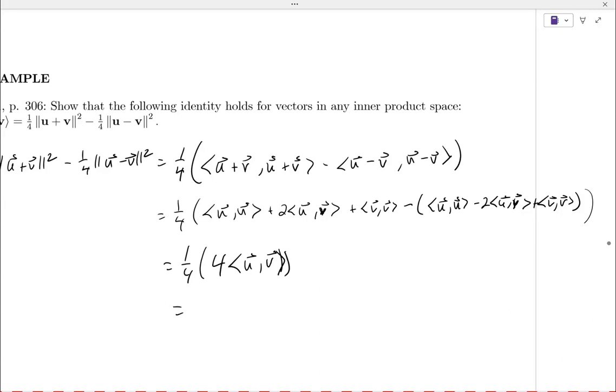So we end up with just UV. This particular example, again, was just playing around with the idea that we can rewrite the square of a norm as the inner product of a vector with itself. Questions on that one?